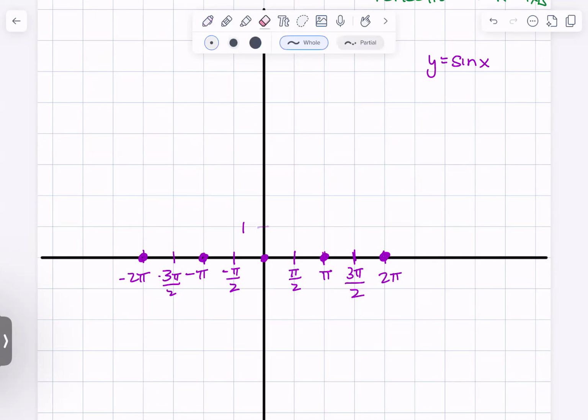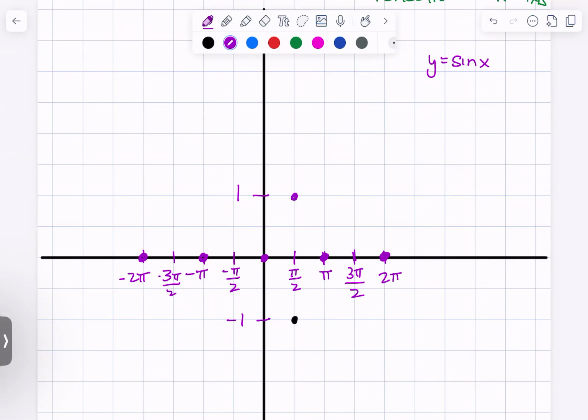Actually, you know what? Because of all the stuff, I'm going to label this as 1 and this as negative 1. Okay, skipping 2 units, representing a value of 1. So at pi over 2, it's 1 in my original parent function. But since this is a negative sign, I'm going to move it down to negative 1. Okay, I reflected this point along the x-axis, and I got the black point.